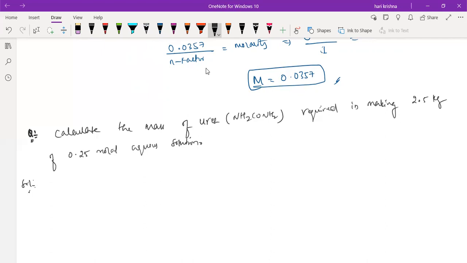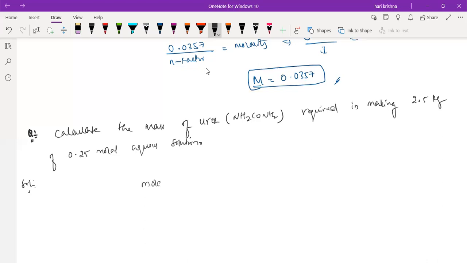To understand the question first, what formula do you have to use? The molality formula.